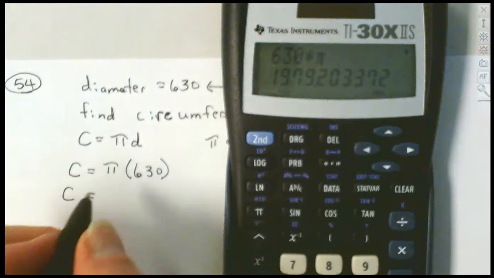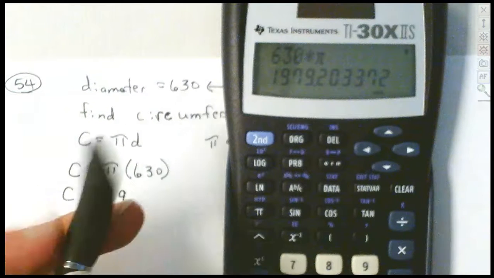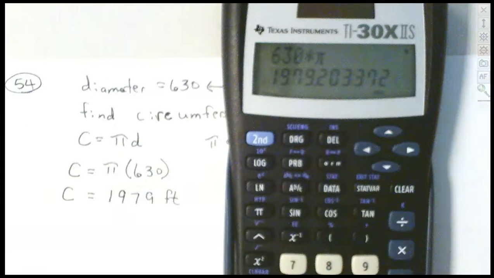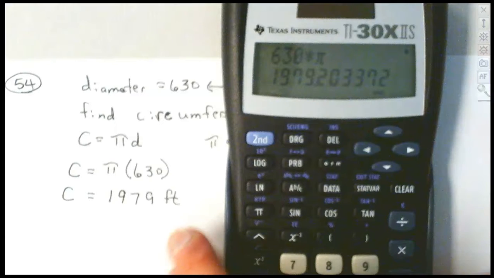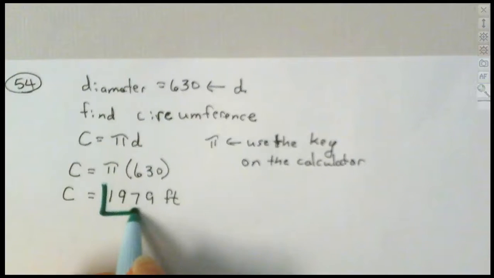So to the nearest foot, it's going to be 1979. And our units of measure there is going to be feet, because we want it to the nearest foot. It tells you how far to go. And so in this case, it tells you to go to the nearest foot. So we round it to the nearest foot, which was 1979.